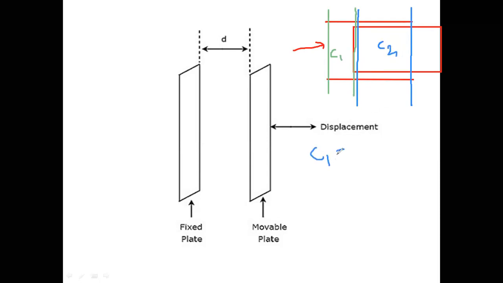C1 equals epsilon naught A by D. C2 becomes epsilon naught epsilon R A by D. So now total capacitance is equal to C1 C2 by C1 plus C2.